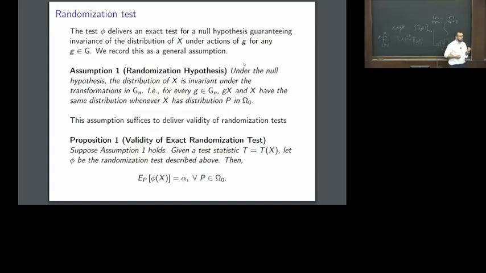So that's the really big powerful property. We get exact validity. We don't rely on asymptotics. It doesn't matter how small n is, and we don't even get that we're upper bounded by alpha for probability of type 1 error. We hit it exactly, while still having power, as we'll see.